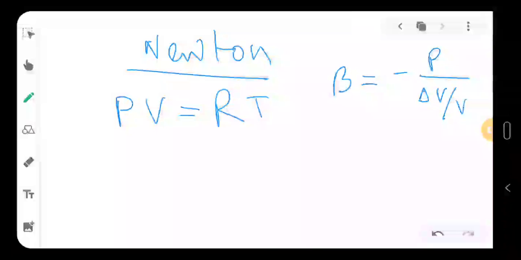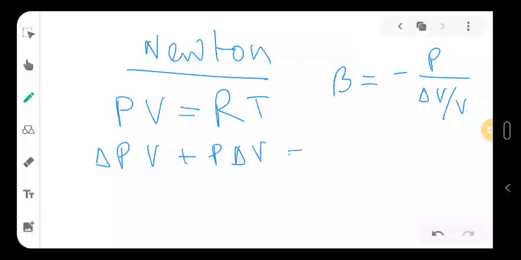I can directly find it from this equation itself. I will just do differentiation, so I can write delta P V plus P delta V equals 0, because this side is constant.